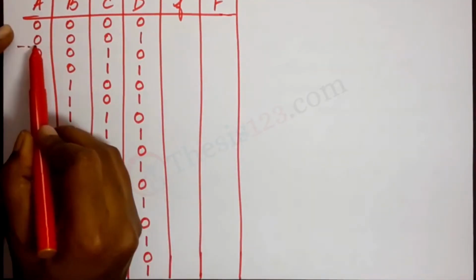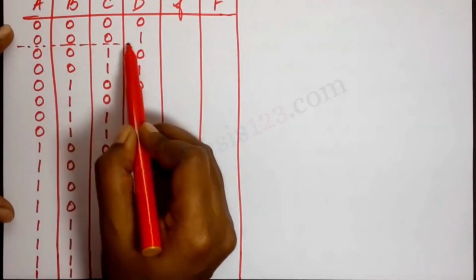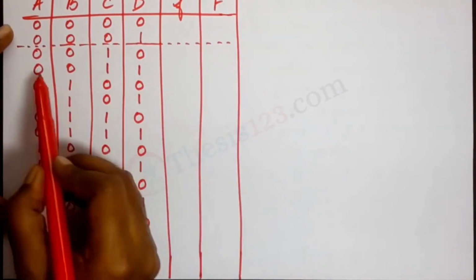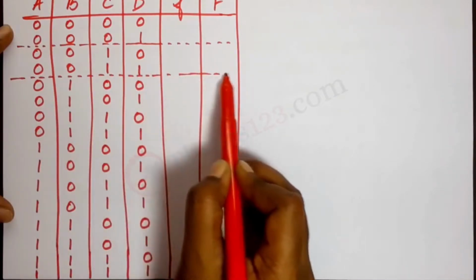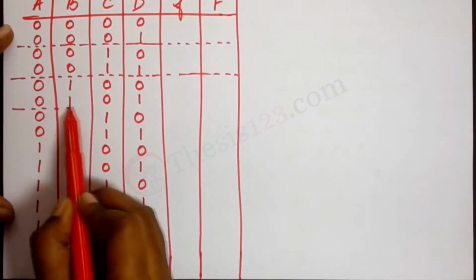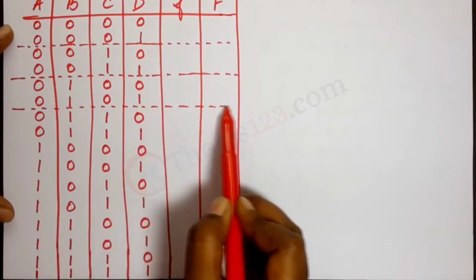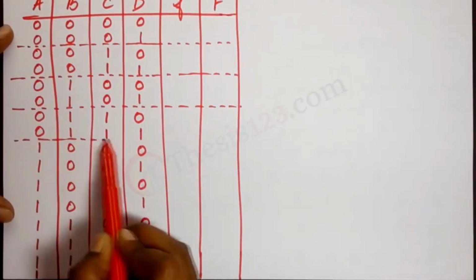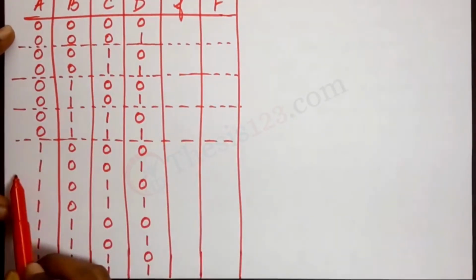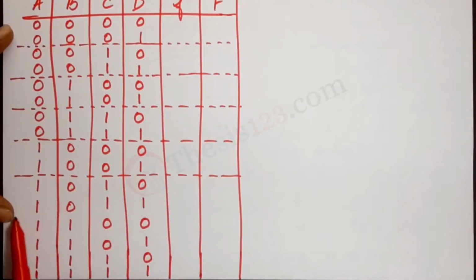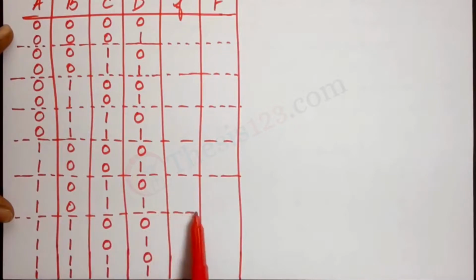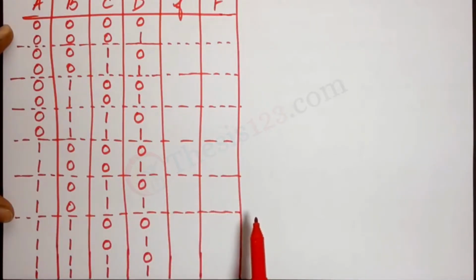Now I'm going to group them in 2s. The reason is because our final input, capital F, for the multiplexer will be determined based on these pairs. The question tells us that the variables A, B, C are connected to the select lines.